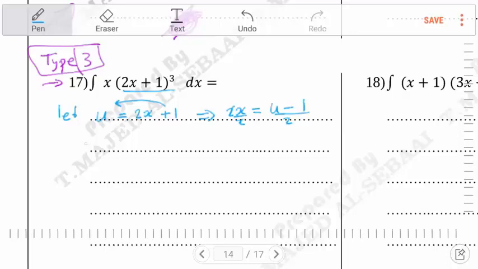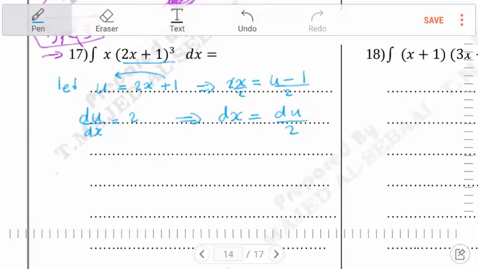Okay. Yeah. du over dx equal 2. Right? It is 2. Now make dx the subject. dx equal du over 2.